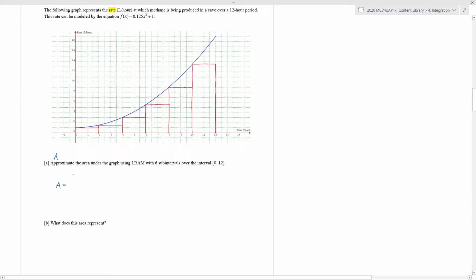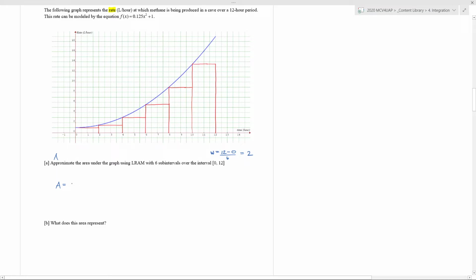But if I'm using LRAM, first of all, I guess we should find the width. The width is 12 minus 0 divided by 6, and you can see from the diagram that the width is 2.